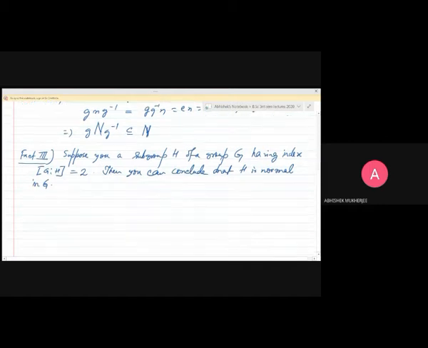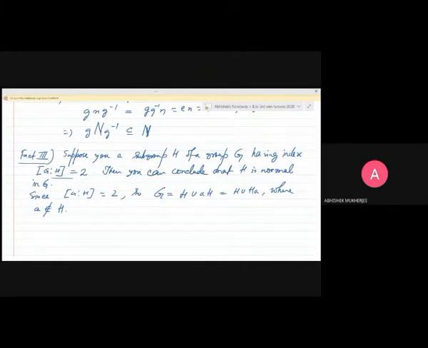Why? Because since the index is 2, and if you consider left coset decomposition and right coset decomposition of the group, then you must have the decomposition like that: H union Ha, or H union aH, where this a does not belong to H, right? Because the number of left cosets or right cosets is only 2.